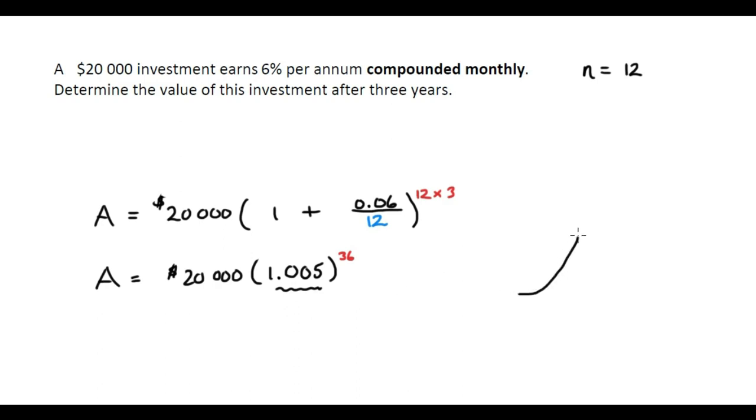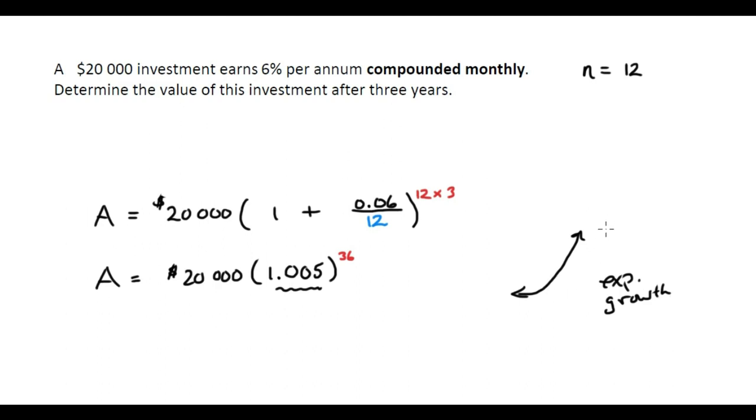Because remember, if it's bigger than 1, we're going to see exponential growth in our investment, even if it's teeny tiny. If it's slightly less than 1, that's the reflection of that, which is exponential decay. We don't want to see any exponential decay in our investment.